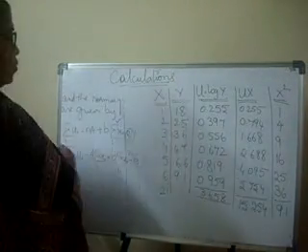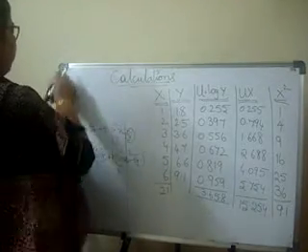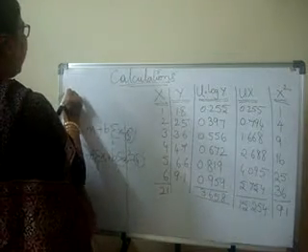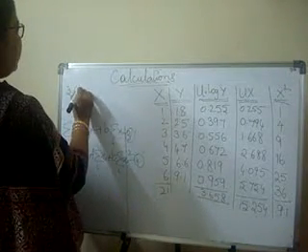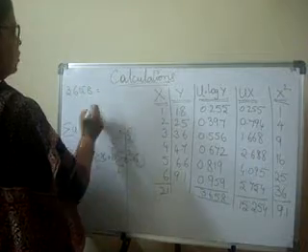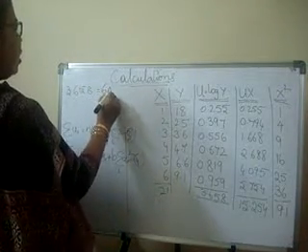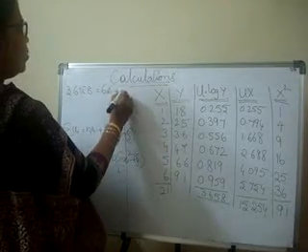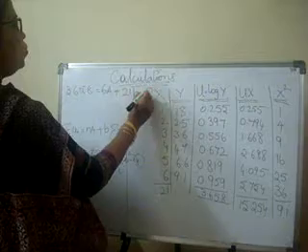So what are the values that have to be substituted? Summation ui, that is 3.658, is equal to n, where n is 6: 6a plus summation xi b, where summation xi is 21, so 21b. This is equation number 2.